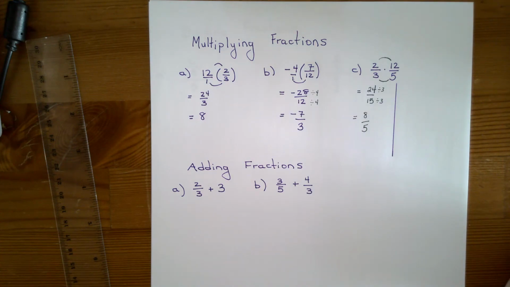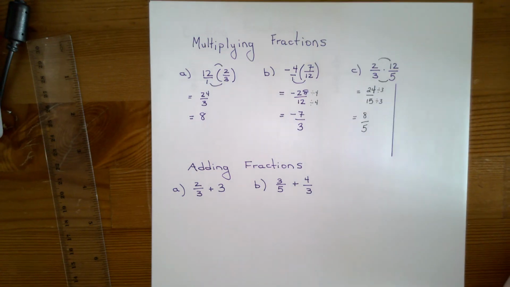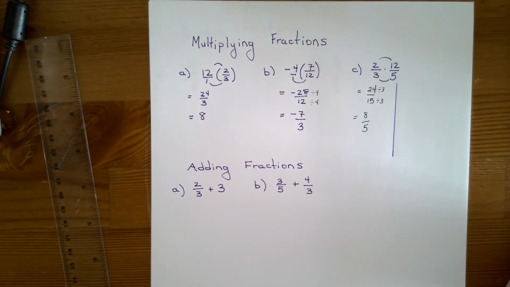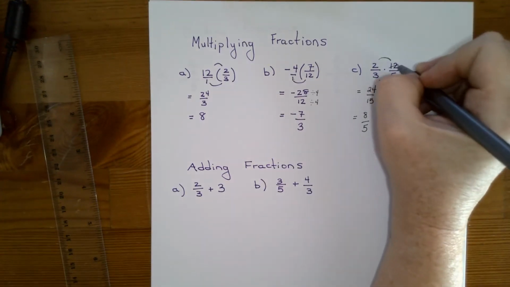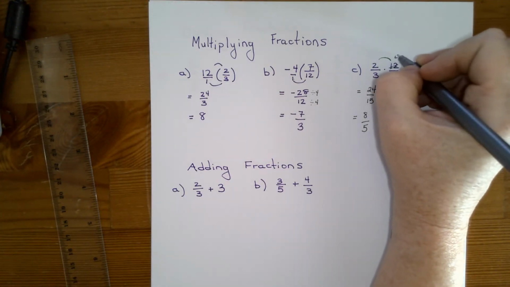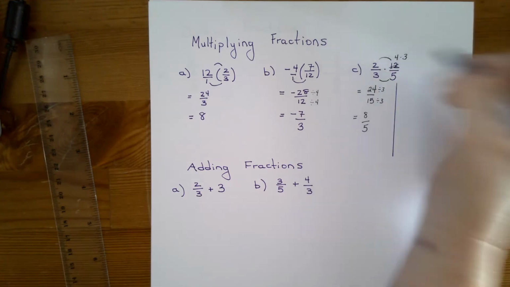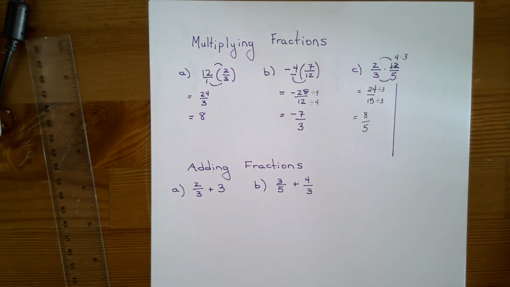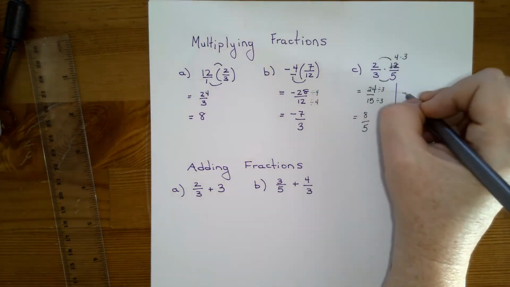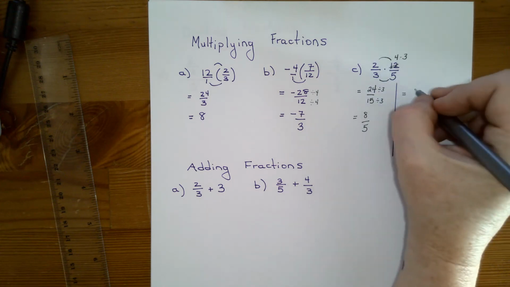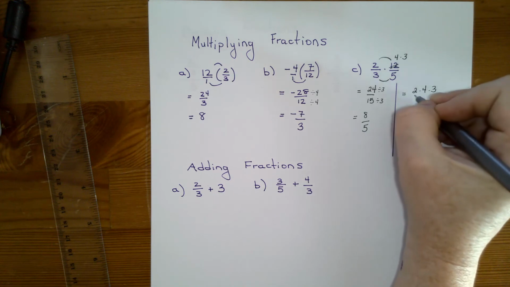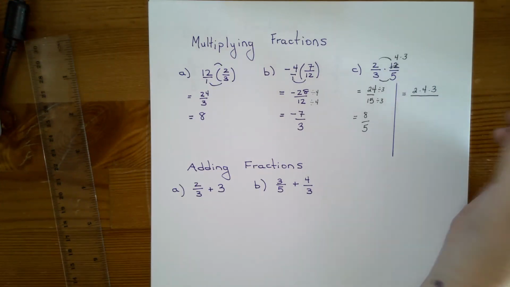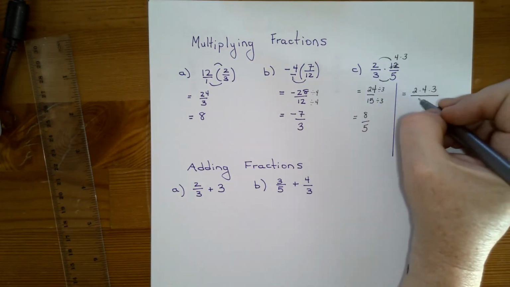What I'm going to show you now is how to possibly do that step at the beginning. So what I'm going to do is I'm going to take this 12, okay, and I'm going to cross it out because I know that 12 is the same thing as 4 times 3. So now in essence what I have is 2 times 4 times 3, over 3 times 5.